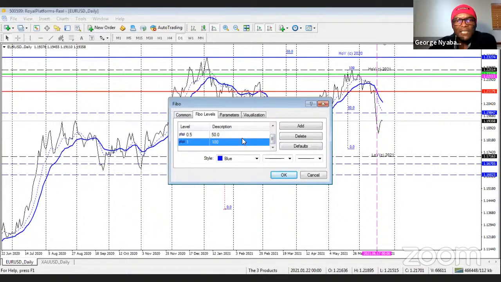The delete is simply just click on something and hit delete, and it's gone. So you have 3 levels left: 0, 0.5, that's level 50, and then 1, which is 100. That's all that you want on the Fibo levels. Style is blue.